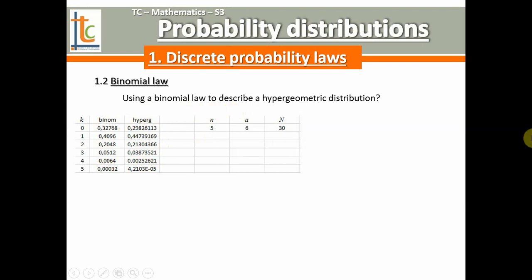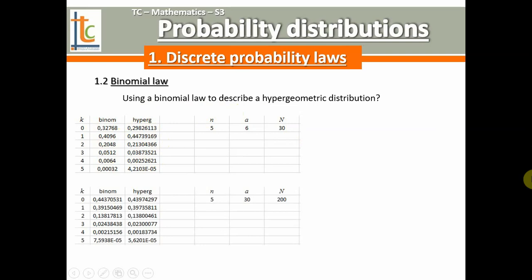But if we change parameters, let's choose, for example, 5, 30, and 200, we can see that both laws give probabilities that really look like each other.